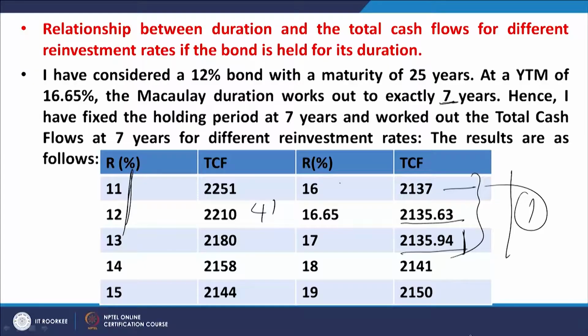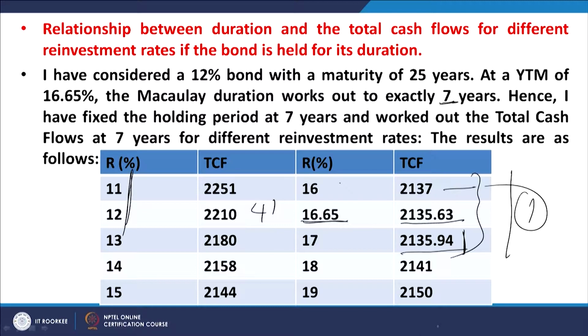If I plot the total cash flow against y, I get a flat region. This is very clear here. The second thing is, at the YTM of 16.65% corresponding to the duration of 7 years, the total cash flow is the minimum.